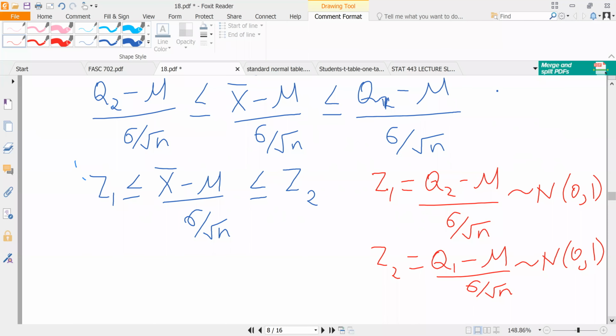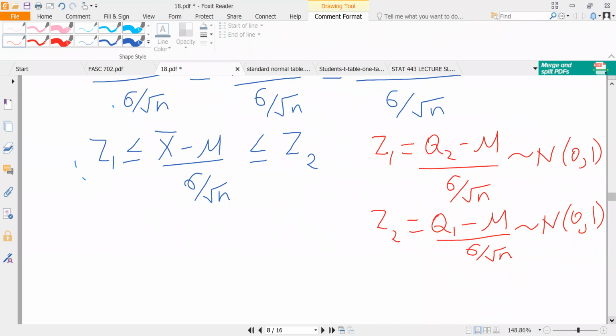Once we have that interval expressed as such, we now make mu the subject.